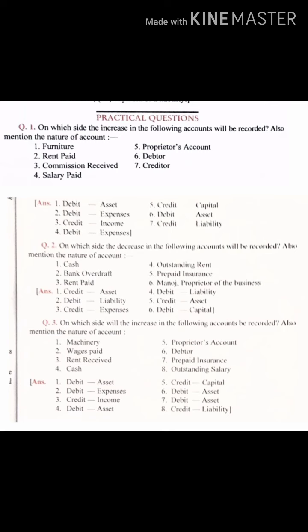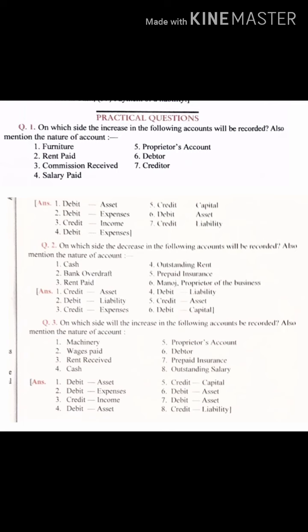Okay. Second is rent paid. Now when we are paying the rent, that means expenses are paid. What we have studied about expenses, we record it on the debit side. Okay. So commission received. When commission is received, that means we are receiving income.